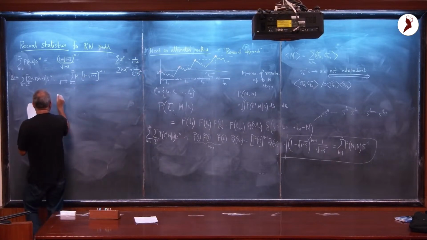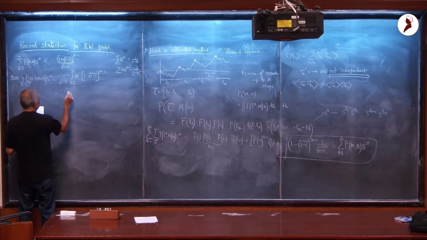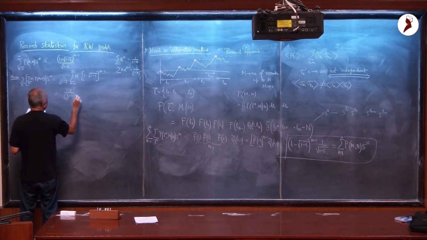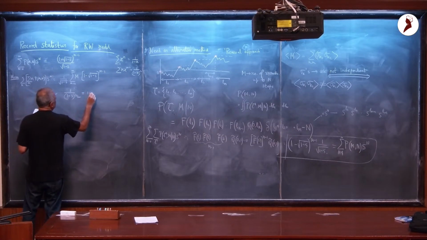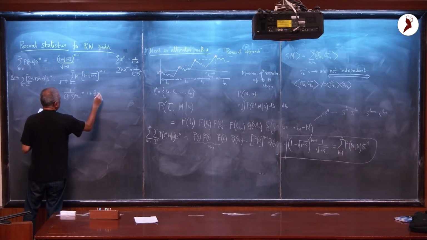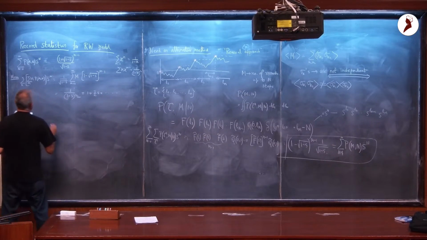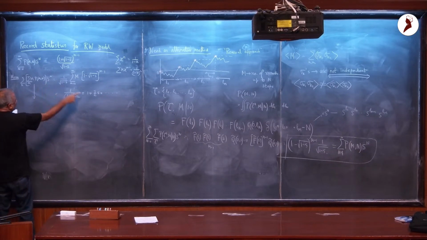Okay. So if you take the derivative, what you get is the answer, 1 minus s to the power 3 by 2. And now you just expand this in power series, and then find out the coefficient of s to the power n. So that gives me the mean.